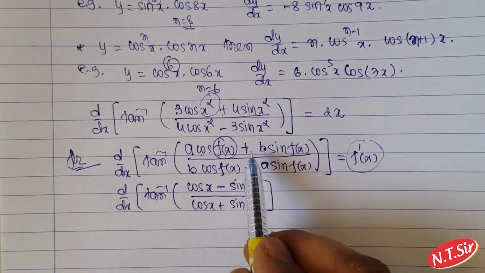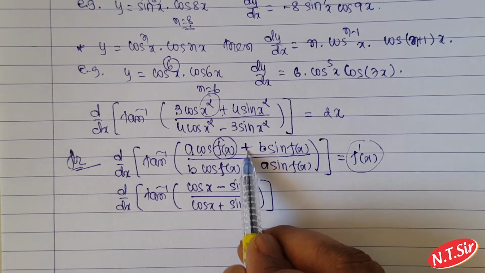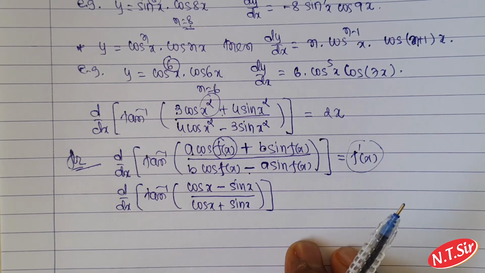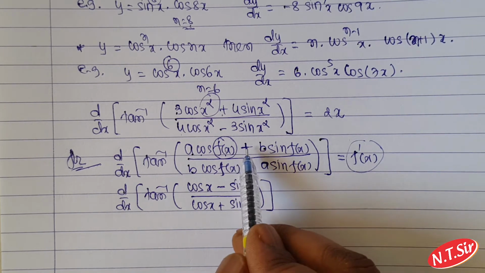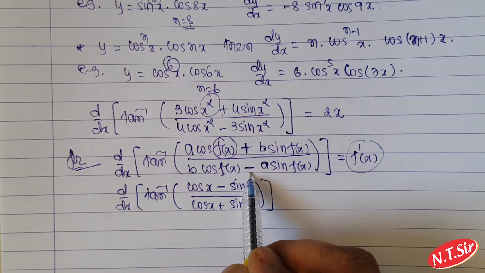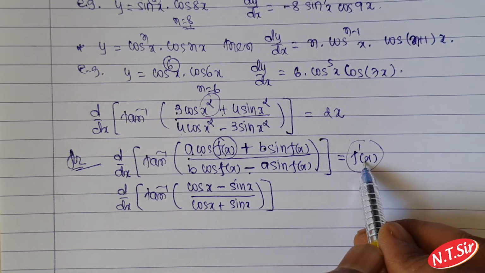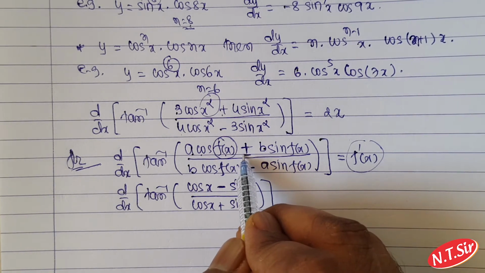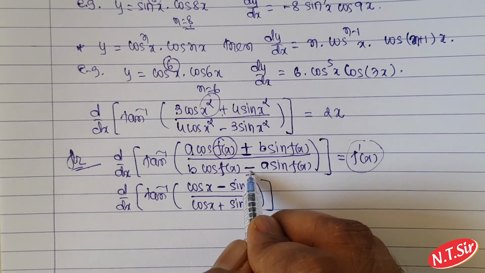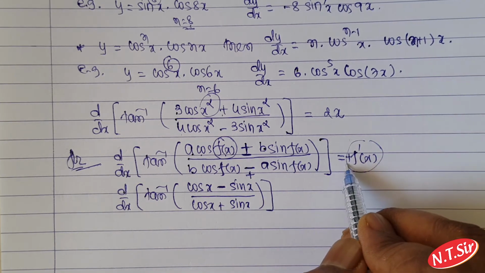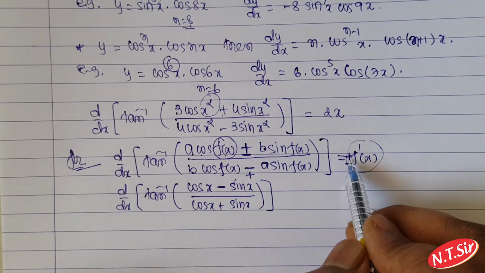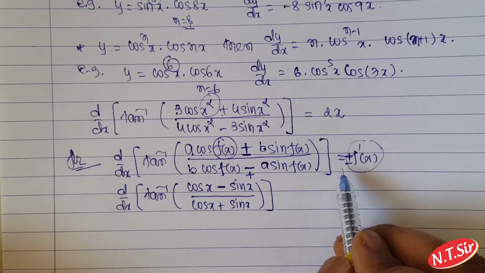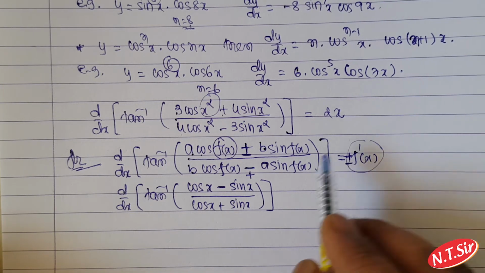Now here in this formula, it is plus in the numerator and minus in the denominator, so the answer is plus f'(x). But if you get minus in the numerator and plus in the denominator, there your answer will be minus. So if plus is in the numerator, the answer is plus f'(x). If minus is in the numerator, the answer is minus f'(x).